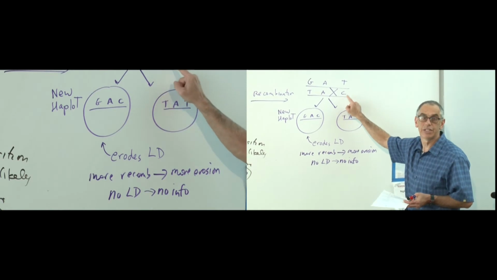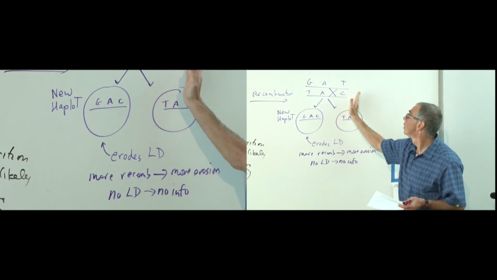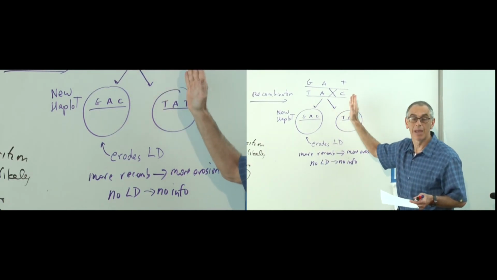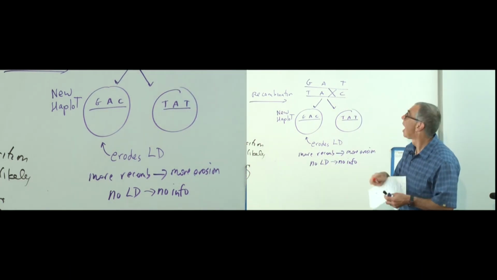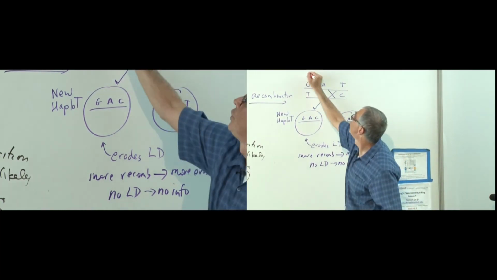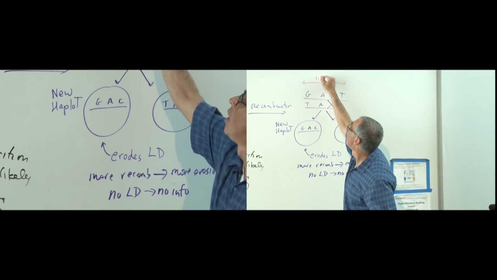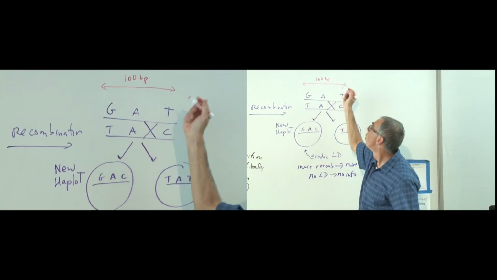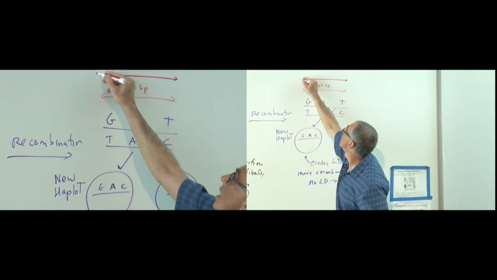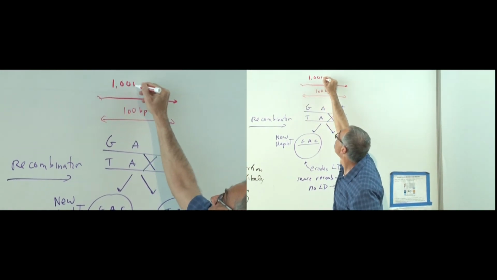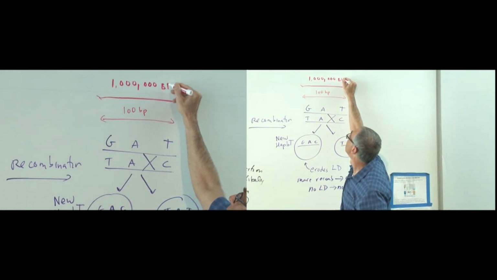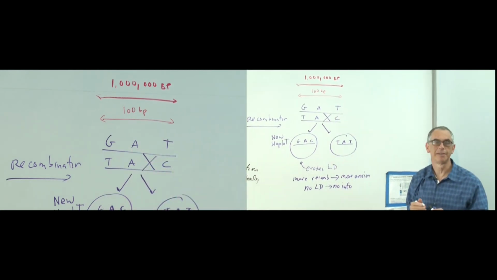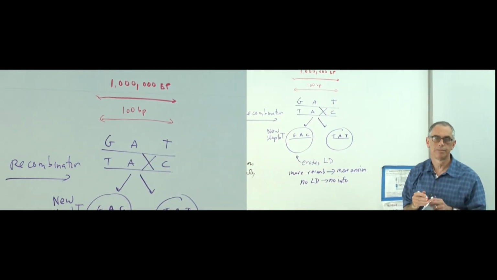It's related to the distance between these bases. I've drawn them here with no scale. I didn't tell you if G to T is 100 base pairs, and there's 40 here and 60 there, or if this is 1,000,000 base pairs, because I just didn't label it. But that's now critical.